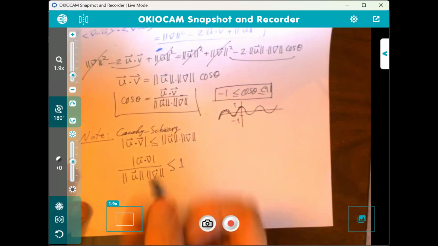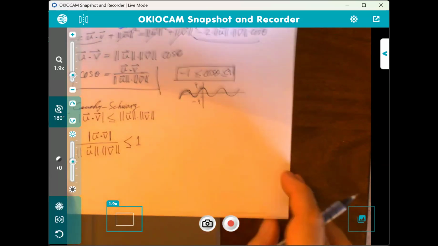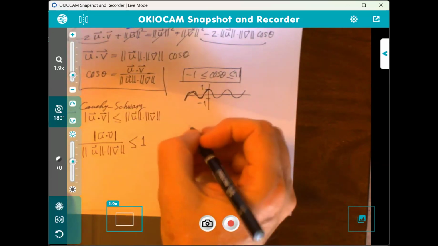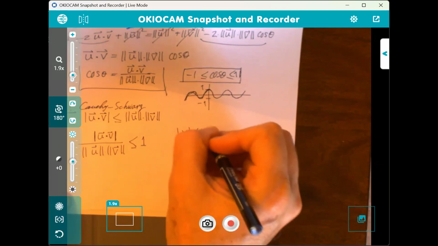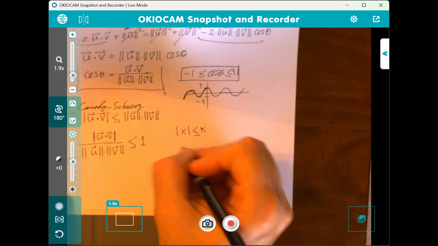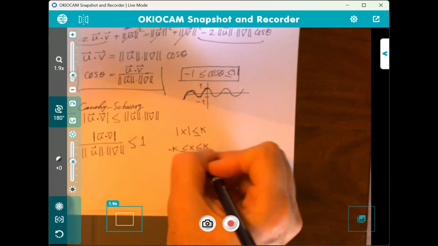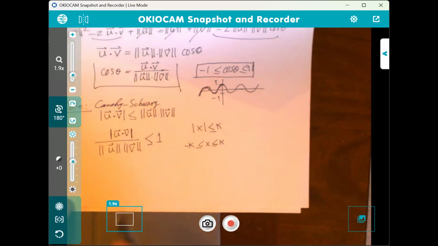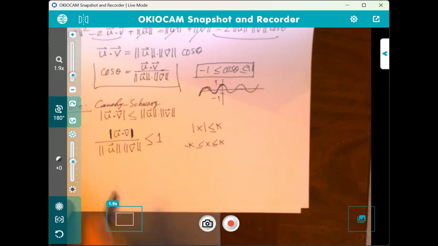Now, we can rewrite absolute value inequalities just like we did in algebra. Let's look at the analogy to algebra. If you recall from algebra, when we have absolute value of x less than or equal to k, they told us we can write this as x between negative k and k, correct? That's from algebra. Therefore, because I have absolute value in the numerator, we can rewrite this expression.